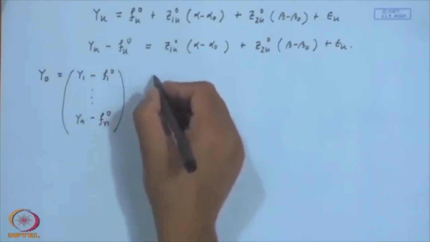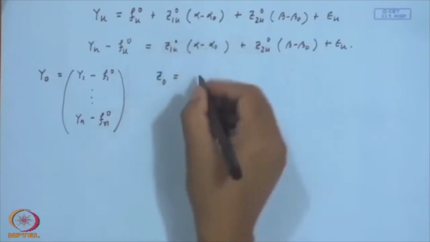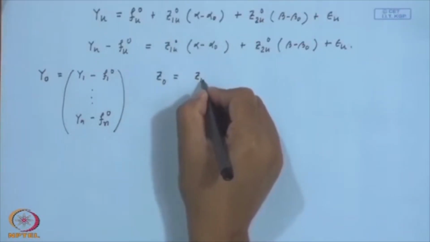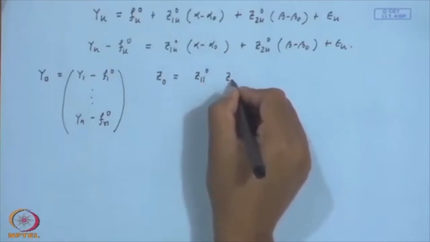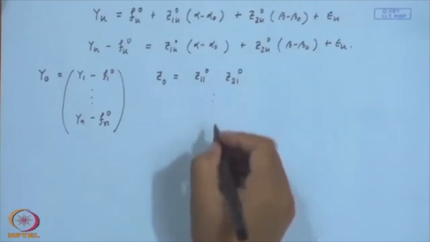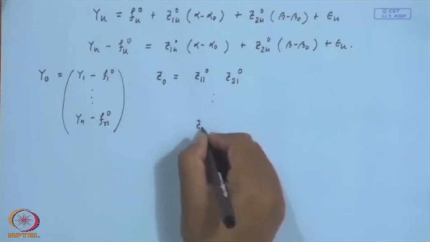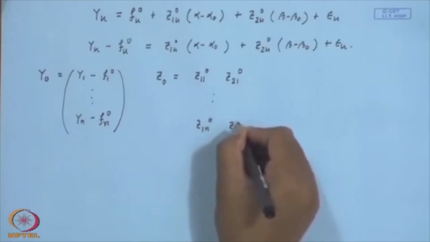And I will write my Z naught matrix as Z11 naught, Z21 naught for the first observation, and similarly Z1n naught, Z2n naught.